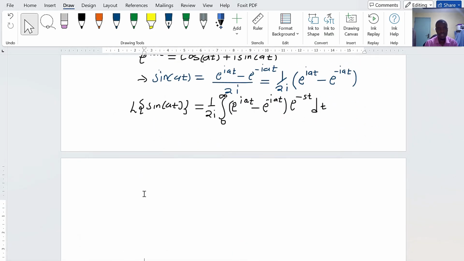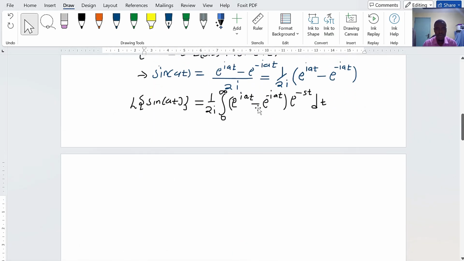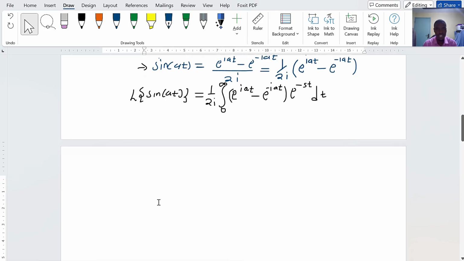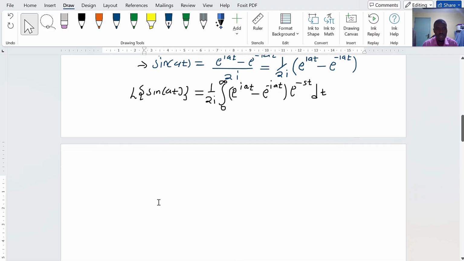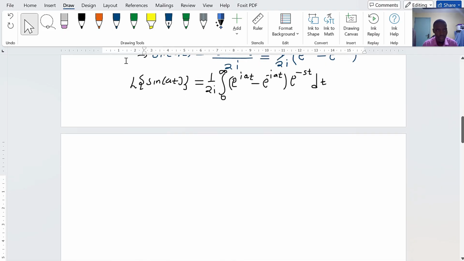Good. Now we can split this into two. We can work on the first case and the second case, because Laplace is linear, we can use the linearity theorem to solve that particular problem. So the first case, we work on the positive part, then we work on the second part. So integral from 0 to infinity, the first case is e^(iat) times e^(-st).